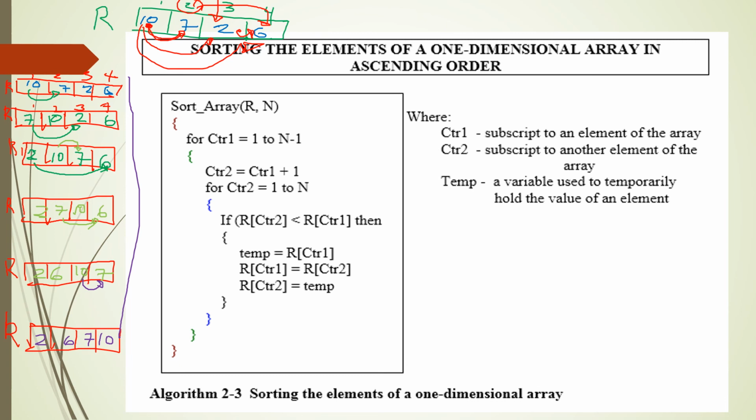Now, how are we going to convert that logic into an actual pseudocode? Again, let's go back to the concept. The name of the array is sort array. We have an array R and the size is n. Now, as you have noticed, I have here a test between the first and the second, first and third, first and fourth.